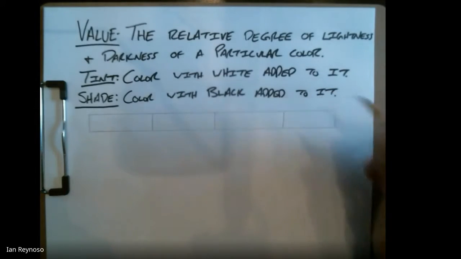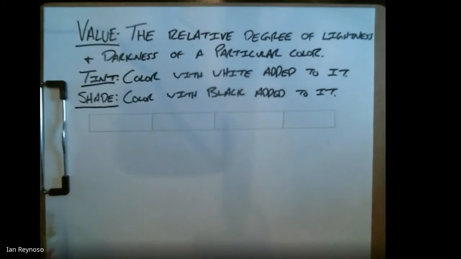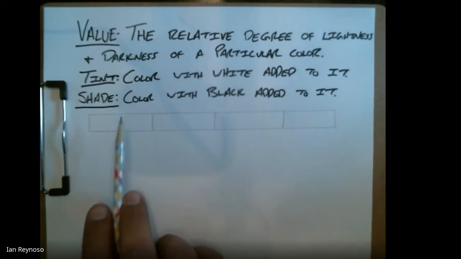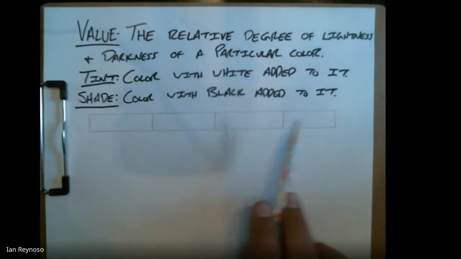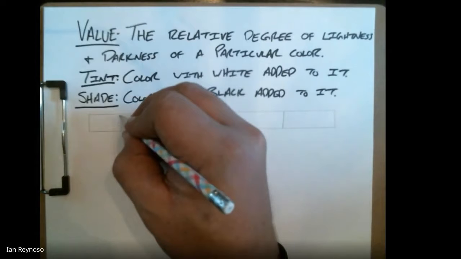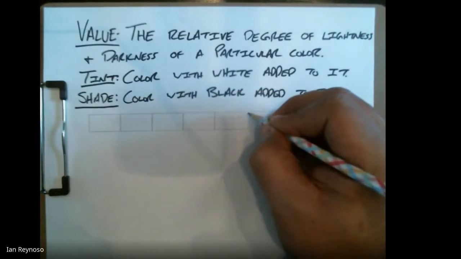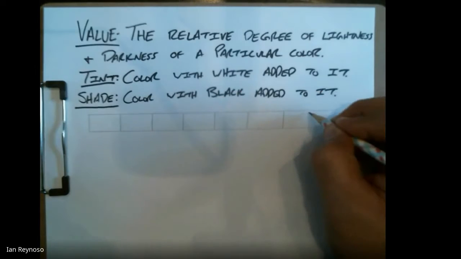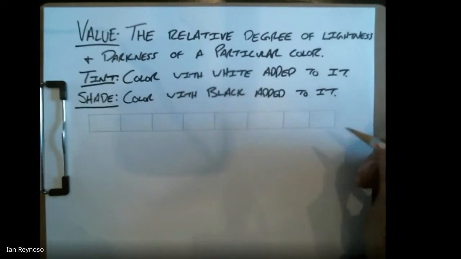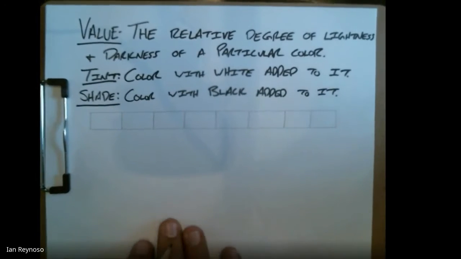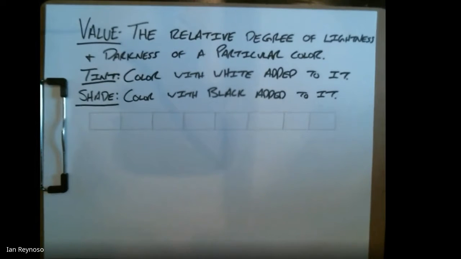So now it's broken up into 4 sections: 1, 2, 3, 4. Then in the middle of each one of those, I'm going to draw a line straight up and down. So now I have 8 sections. Please do that.